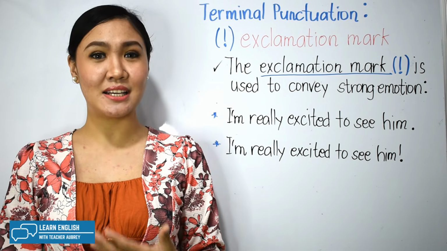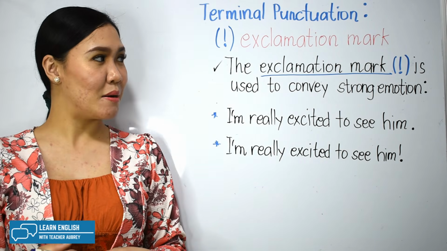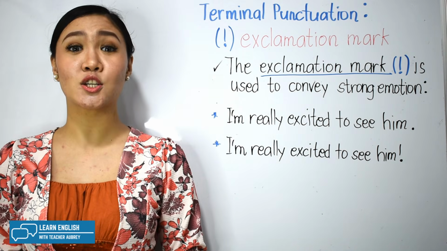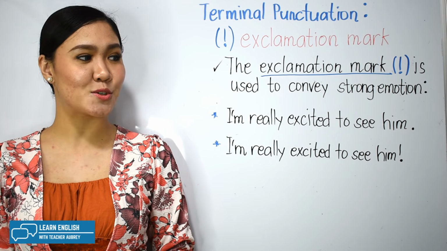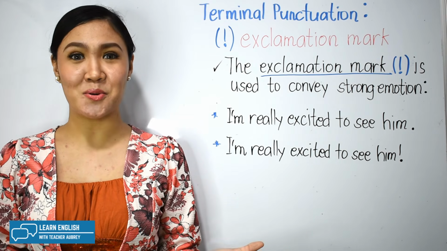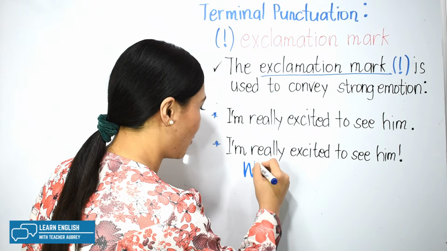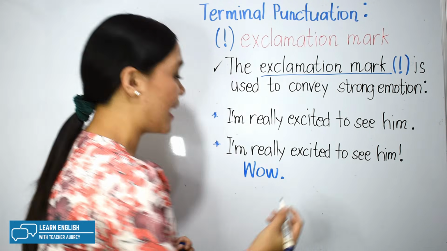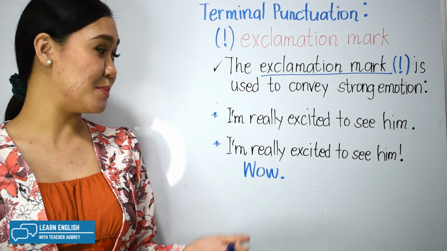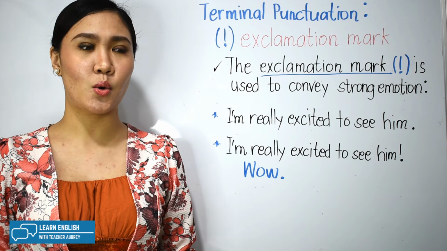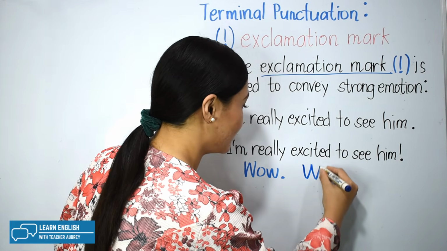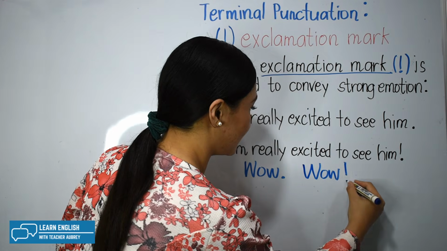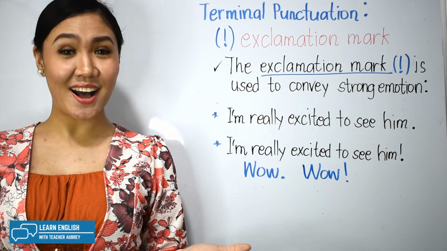Iba pang halimbawa na ginagamitan ng exclamation mark ay yung mga tinatawag nating interjections or short phrases na nagpapakita ng strong emotion such as, wow! Pag sinulat natin yung wow, hindi pwedeng ganyan lang. Hindi pwedeng tuldok. Dahil pag binasa mo yan, it's just as simple as, wow, walang emosyon. So, para magkaroon ng damdamin, sasabihin natin ay, wow!